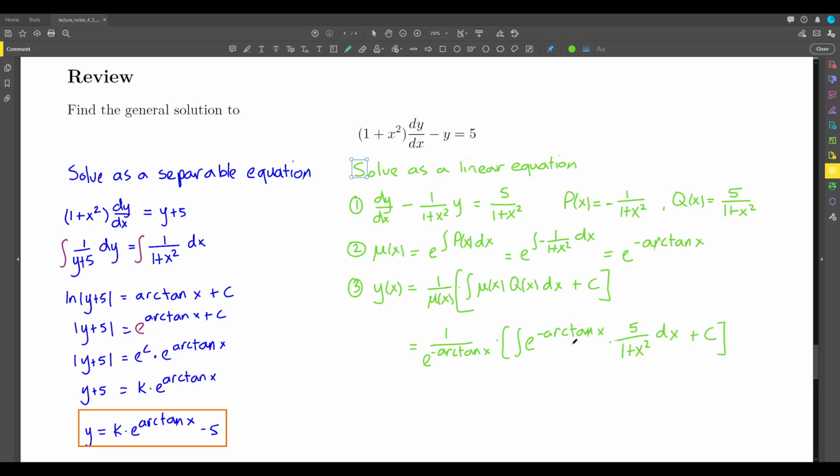Now, this integral looks kind of intimidating, so let's do that on the side.